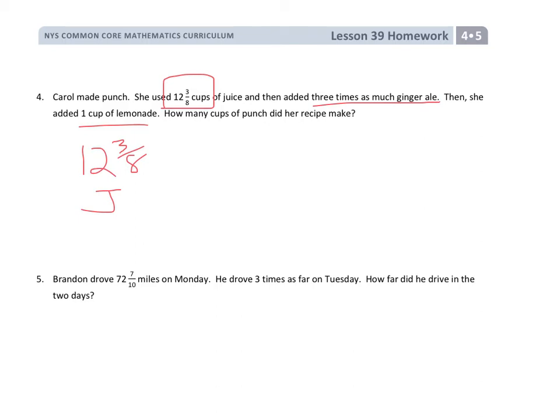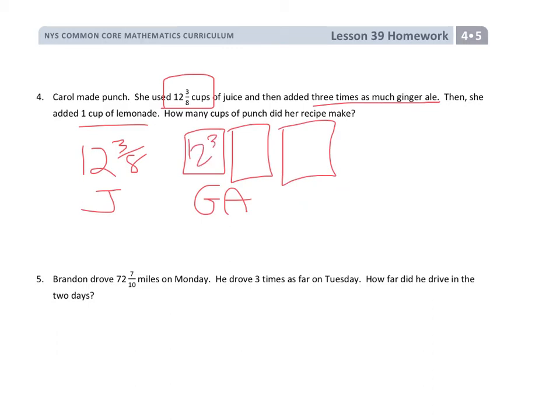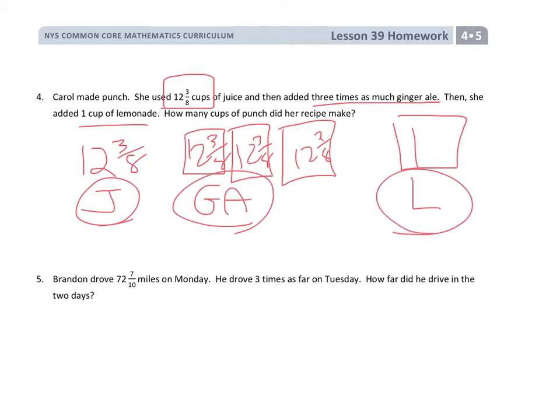Her ginger ale is 3 times as much as that, so we need 3 times that 12 3/8. And lastly, we know she has 1 cup of lemonade. To find out the total, we have to combine the juice, the ginger ale, and the lemonade.